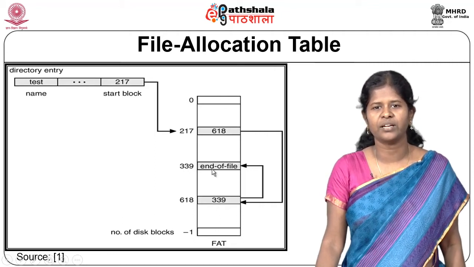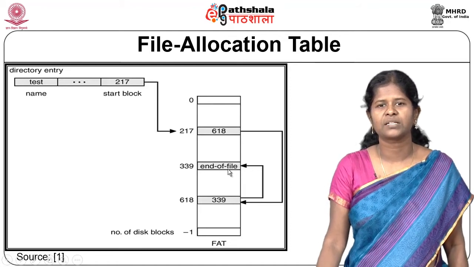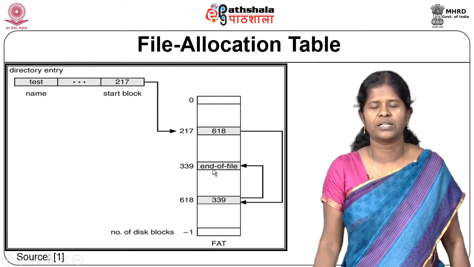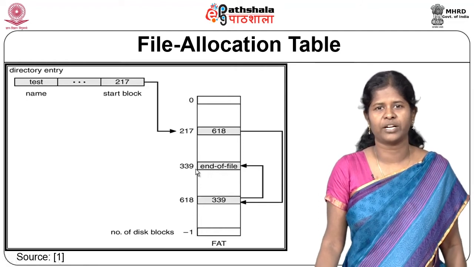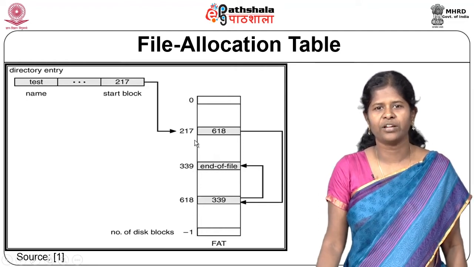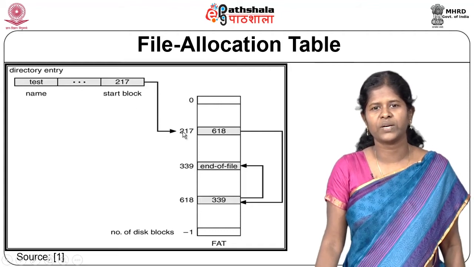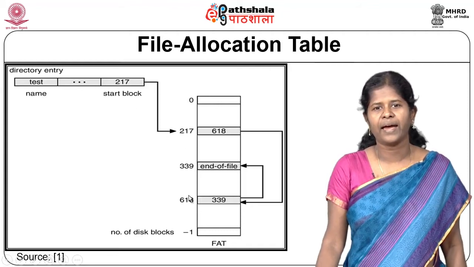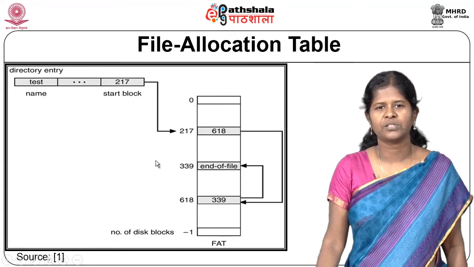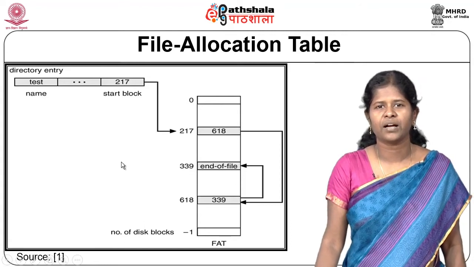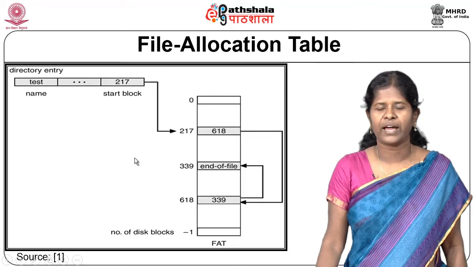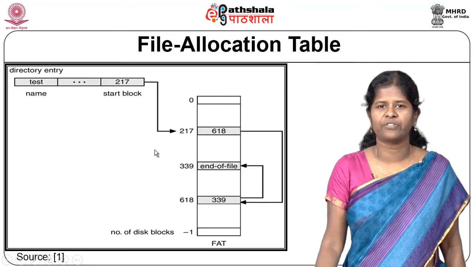You see end of file here, which means that is all the contents of that particular file. So this file has been allocated disk block numbers 217, 618 and 339. This is the way in which file space is allocated for files in the case of DOS.